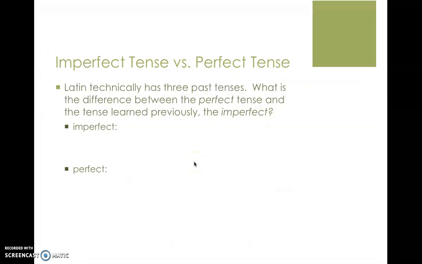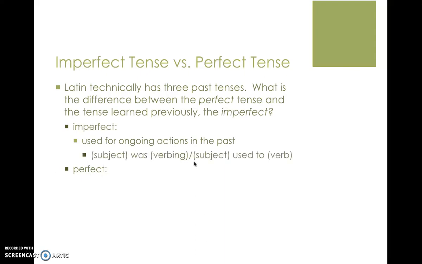Now the last thing that makes the perfect tense a little trickier is that Latin technically has 3 past tenses. We are going to learn the third past tense in a later chapter, but we need to understand the difference between the perfect tense and the tense we learned already, the imperfect tense. Now, as we know, the imperfect tense is used for ongoing actions in the past. For example, we translate them as subject was verbing or subject used to verb. So we kind of think of it as something we'd use to talk about habitual things or things with an uncertain beginning and an uncertain end.